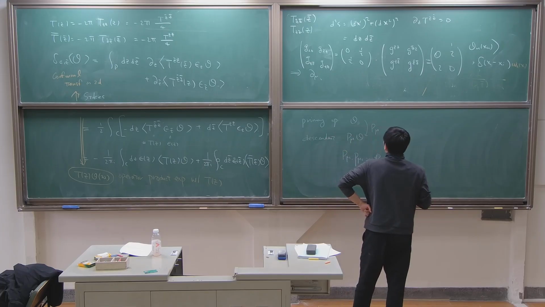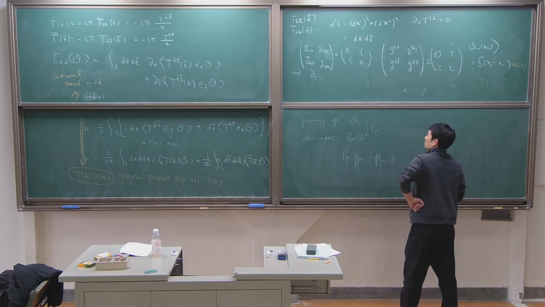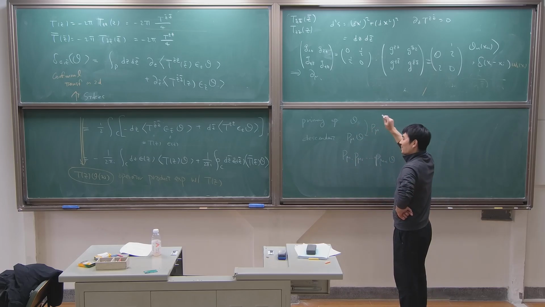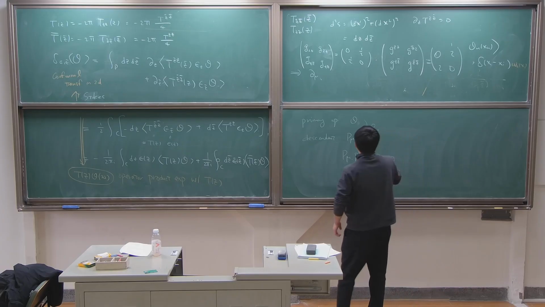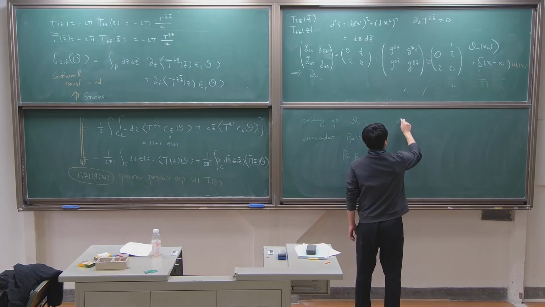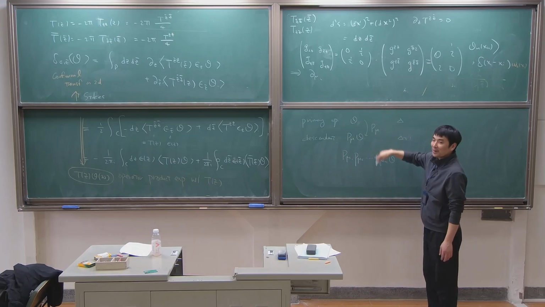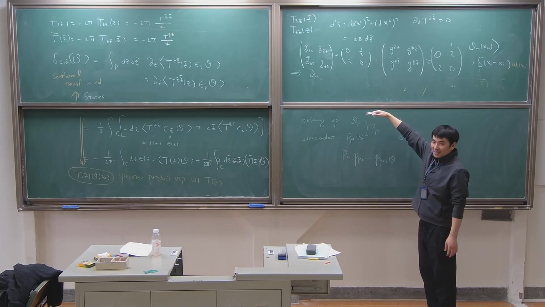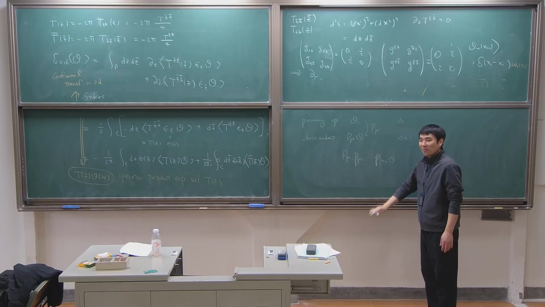I don't know what they call it. It's a lowering operator, or raising operator, whichever you call it. In terms of conformal dimension delta, this is delta plus 1, so in terms of conformal dimension it's just a raising operator. But the way we write it, usually the operator is always the highest and then we write the descendants lower.